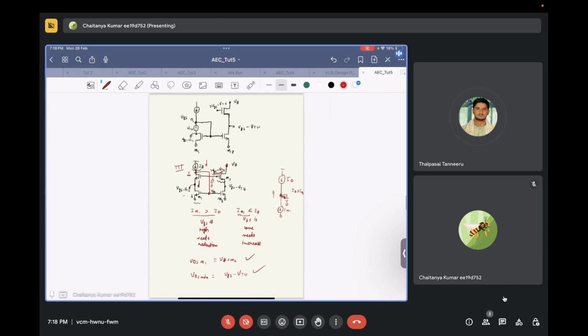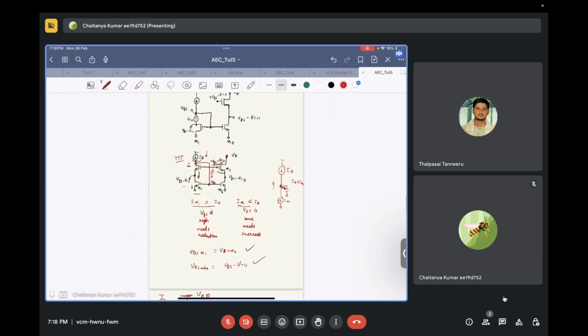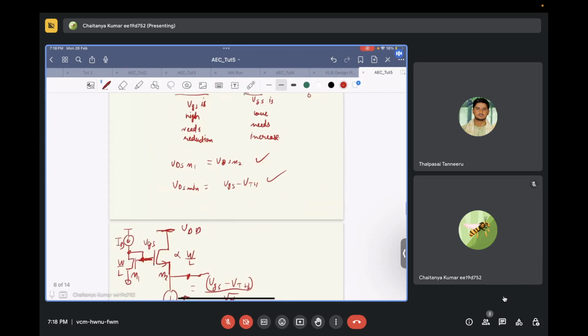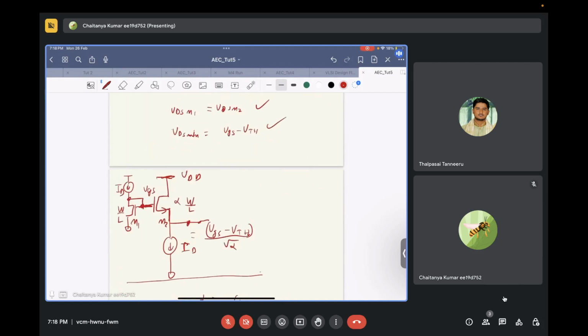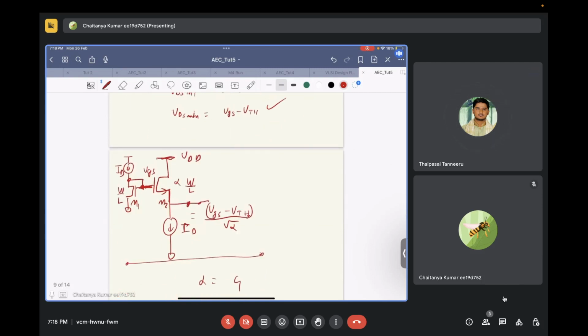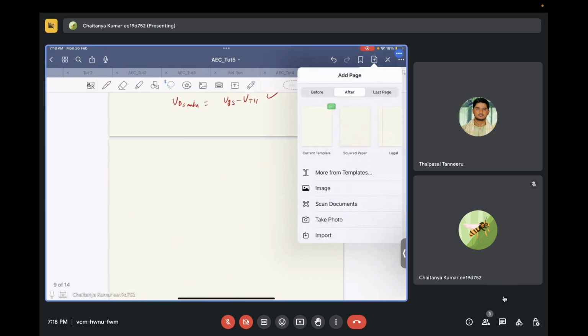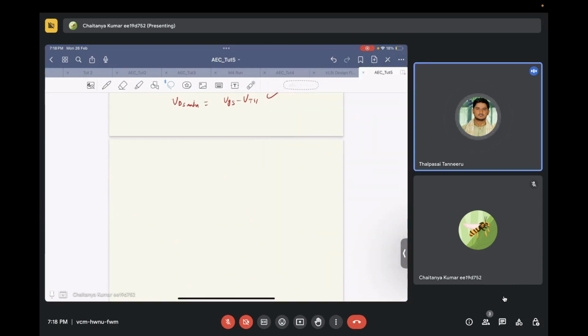We'll take a look later at how to generate this 2 VGS minus VTH. We will take a look at this next week. Even I am a little confused with the circuit. So for now, let's move on to another problem. We will put this problem aside for the time being.